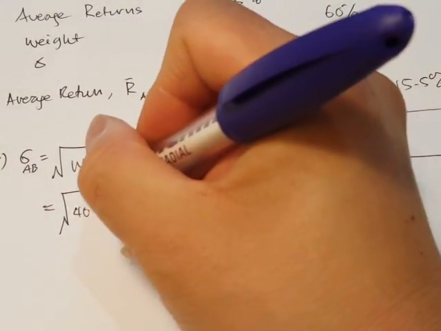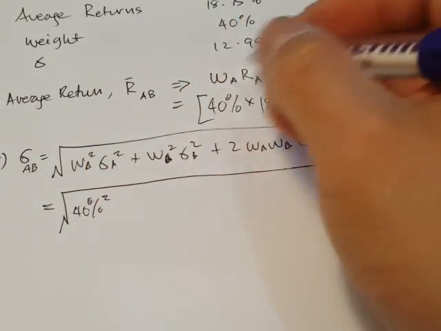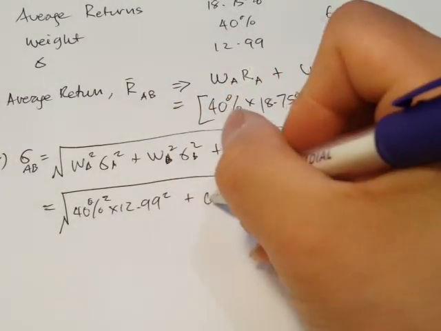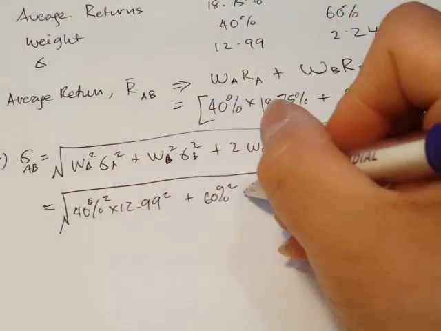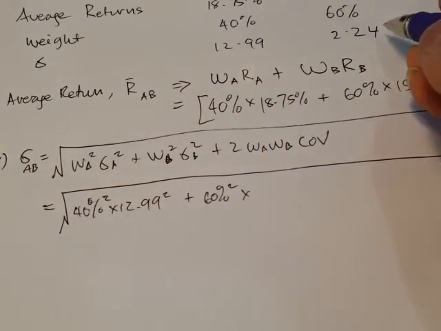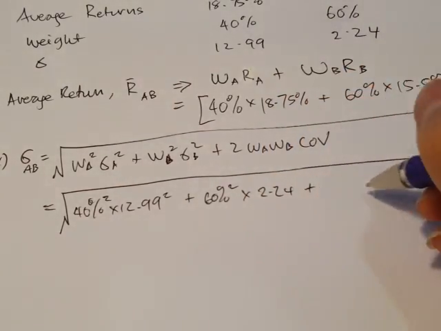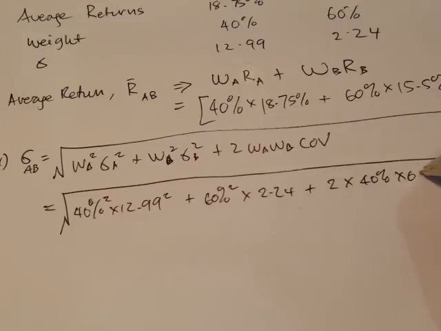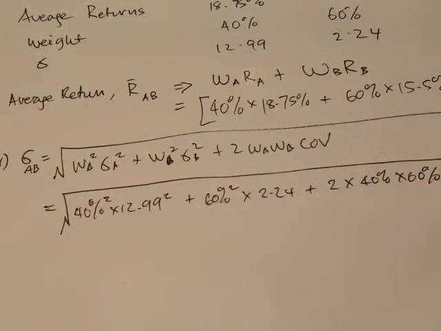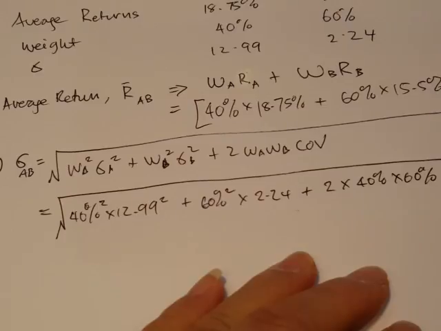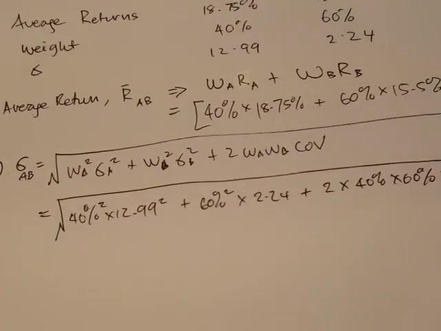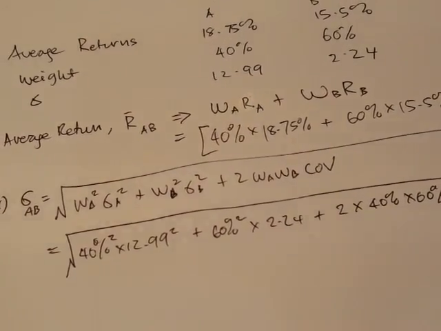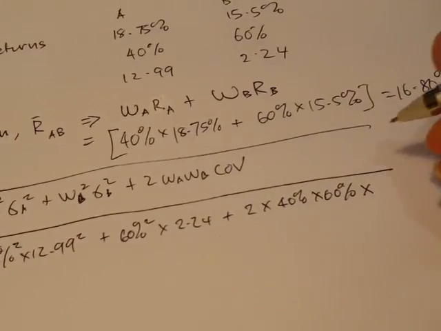Weight A is 40% squared, standard deviation 12.99, plus 60% power 2 times 2.24, and the covariance given to you is positive 0.5.